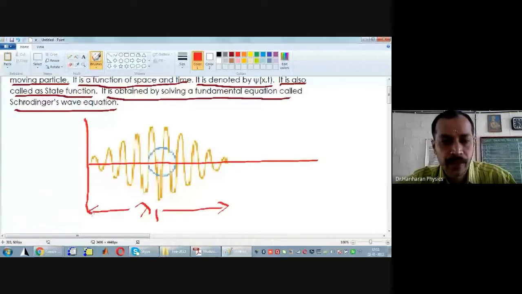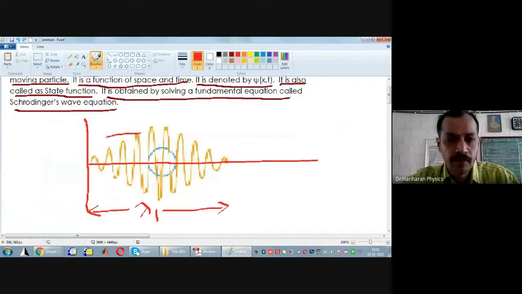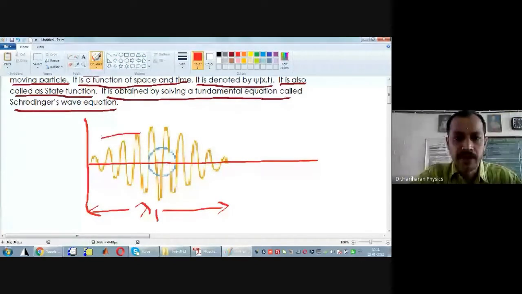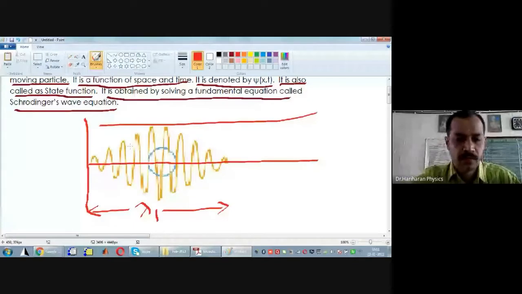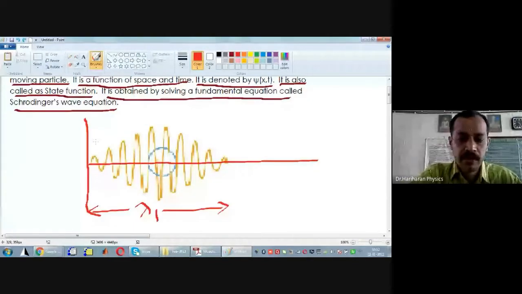Can you see from this figure what will happen as time lapses? The de Broglie wavelength can either increase or it can decrease.